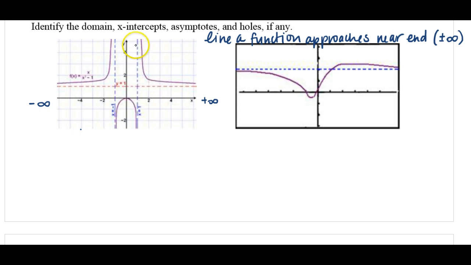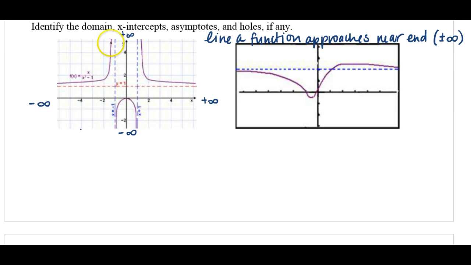And then I can also take a look at the vertical asymptotes here at x equals 1 and x equals negative 1. They too are lines that my function approaches, but now we're talking about as I go up and up and up towards positive infinity on the y-axis and negative infinity on the y-axis.